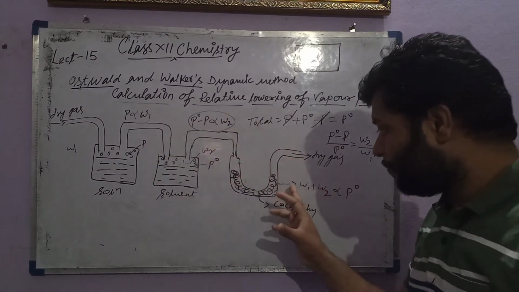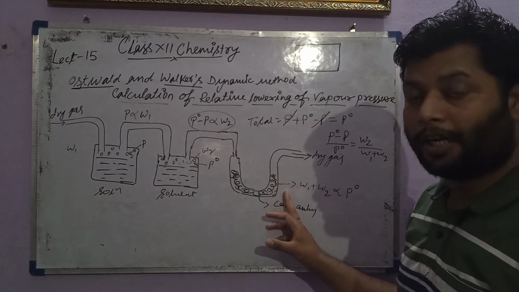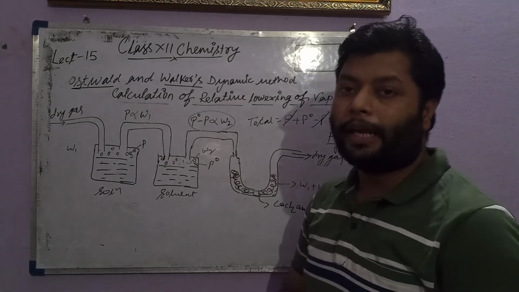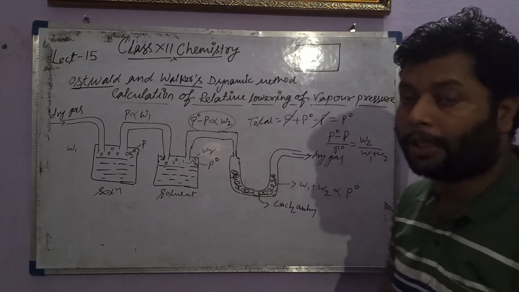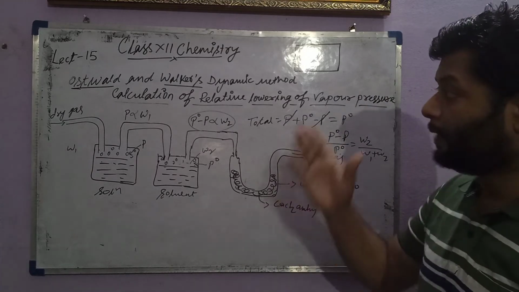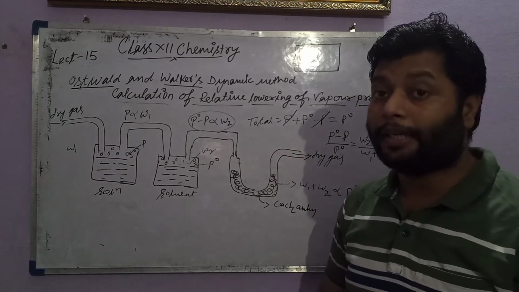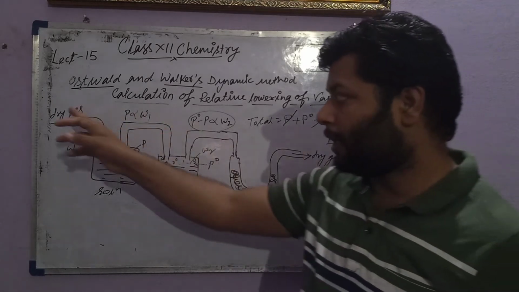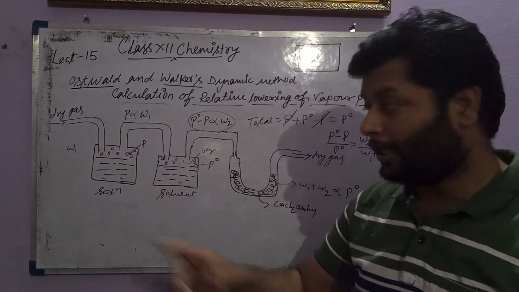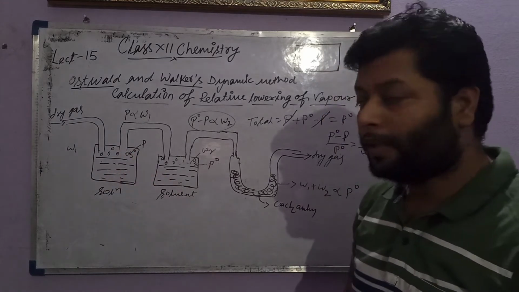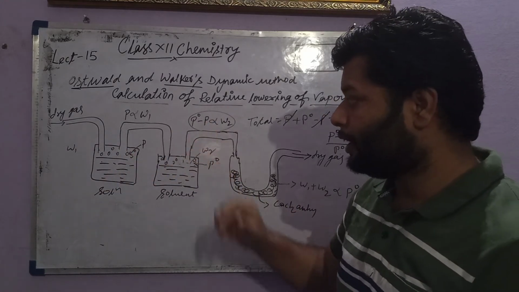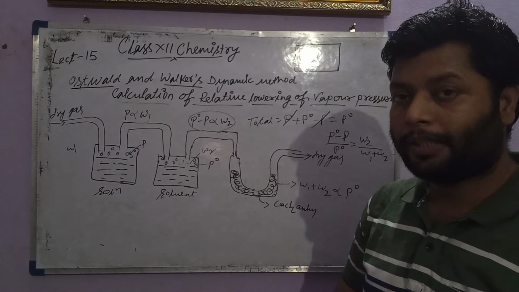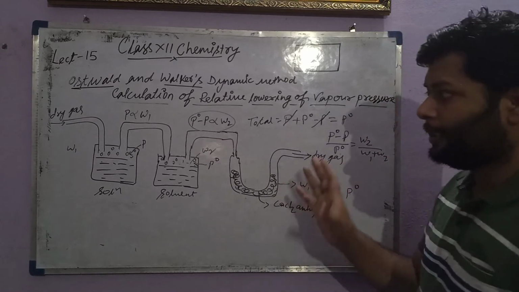The total weight loss ratio gives the relative lowering of vapor pressure, which is experimentally proved by the Ostwald and Walker dynamic method, also called the gas saturation method, because the dry gas becomes saturated with the vapor present in the solution and then again with the vapor present in the solvent.